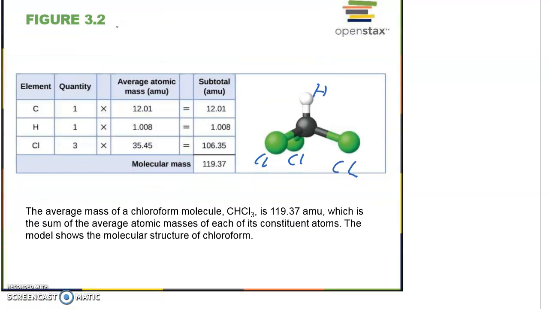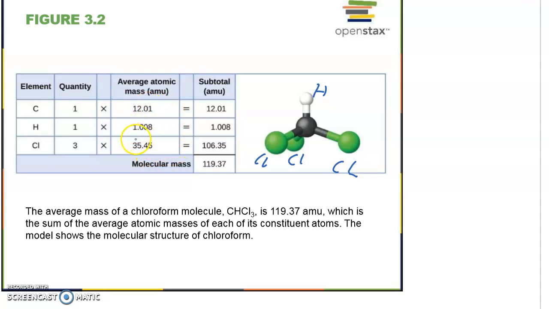We copy down the numbers from the periodic table. As for carbon, the atomic mass, that means the mass of the carbon atom, is 12.01 AMU. The atomic mass for hydrogen is 1.008, and the atomic mass for chlorine is 35.45 AMU.